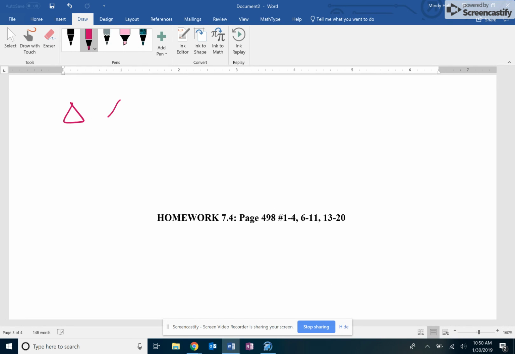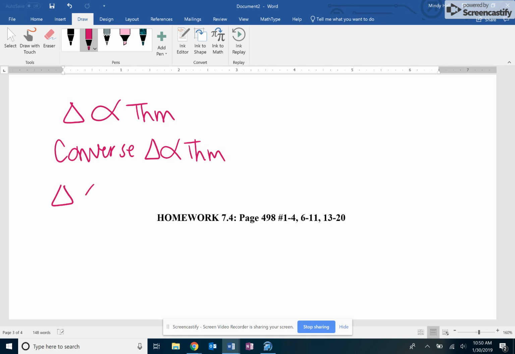If you have any questions, remember, we'll do a quick run through. We have triangle proportionality theorem, converse triangle proportionality theorem, and the triangle angle bisector theorem. So remember, triangle proportionality theorem, you're looking for a triangle with parallel lines.